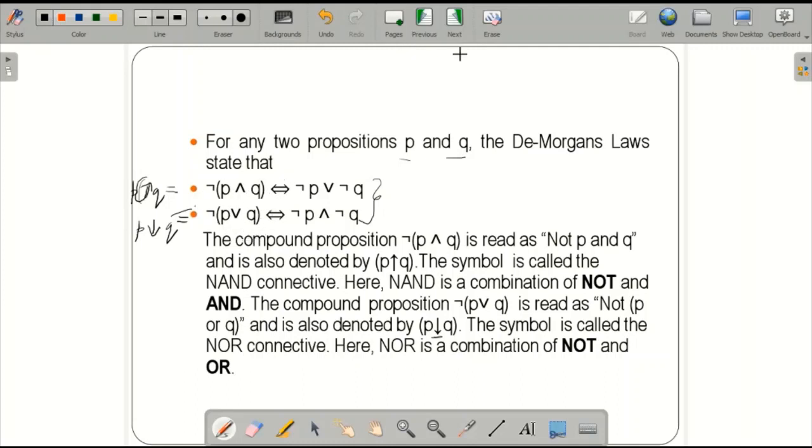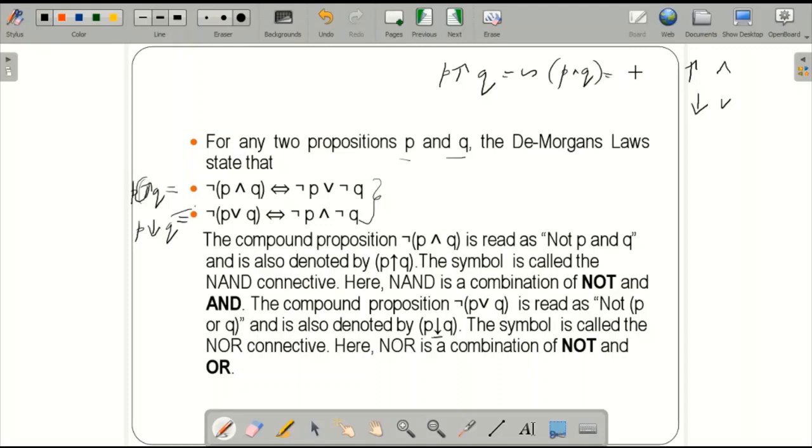So remember, students, it is easy to remember. If it is and, it is this symbol, so that is NAND. If it is or, it is this symbol, so that is NOR. P NAND Q is equal to not and, that is negation of (P and Q).